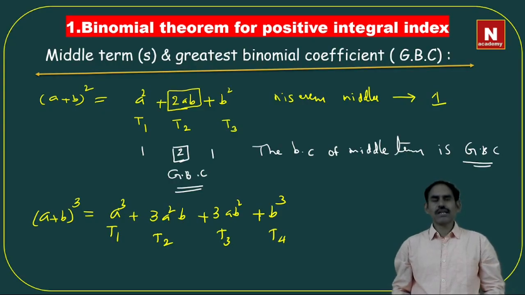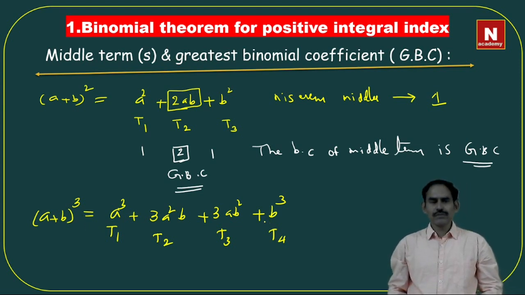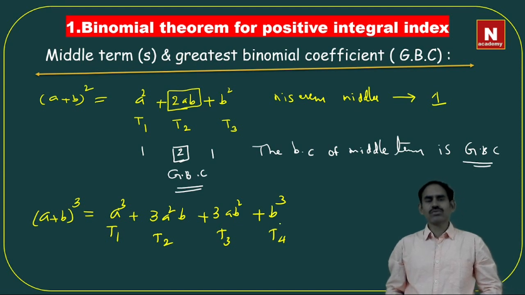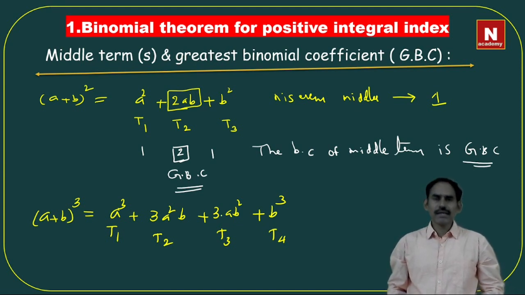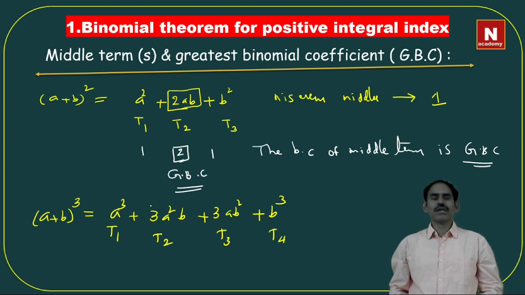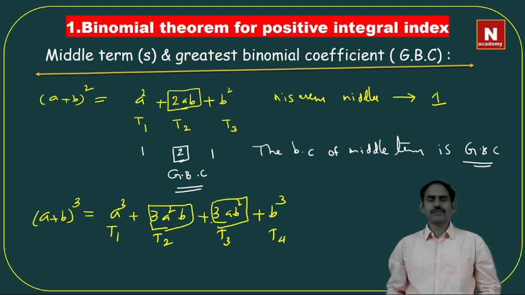Index is 3, number of terms are 4, but exactly one term is not a middle term, because if you take T2 as the middle term, on the left hand side only one term, on the right hand side we have 2 terms. If you take T3 as the middle term, the left hand side has 2, the right hand side only 1. So that's why we treat these 2 terms, T2 and T3, as the middle terms.